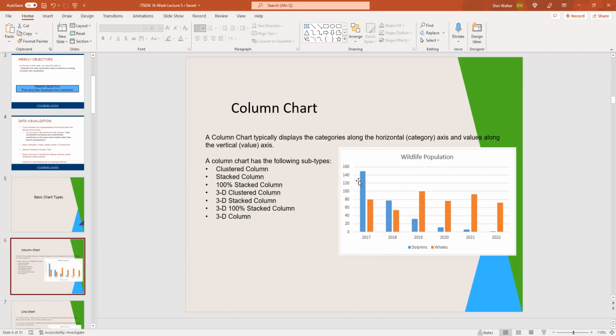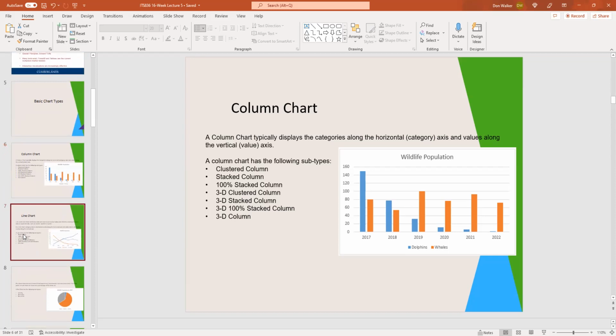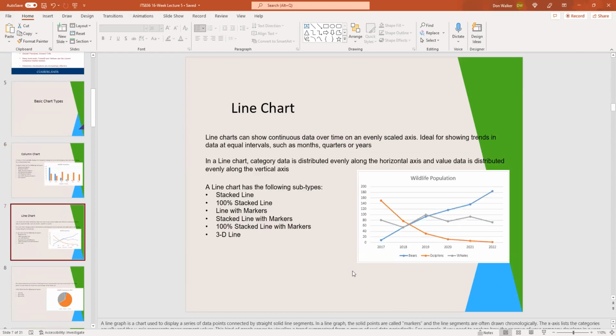But as we can see here, dolphin population is crashing, or at least the observed dolphin population is crashing. So you could do a line chart with this just as well. There are frequently options when it comes to what you're looking for. So column chart, line chart just looks generally at data over a time axis.